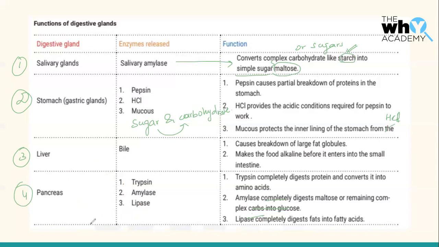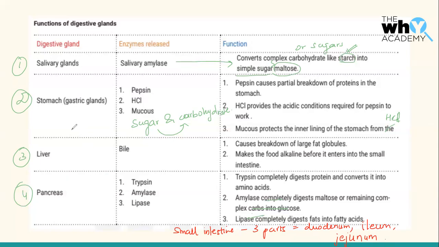The three parts of the small intestine are basically duodenum, jejunum, and ileum. Not required actually, this is a little bit of extra information. If you don't want to take it down, that is fine.